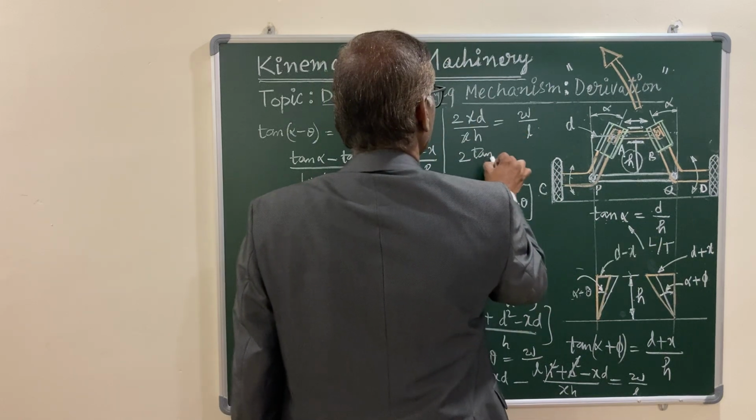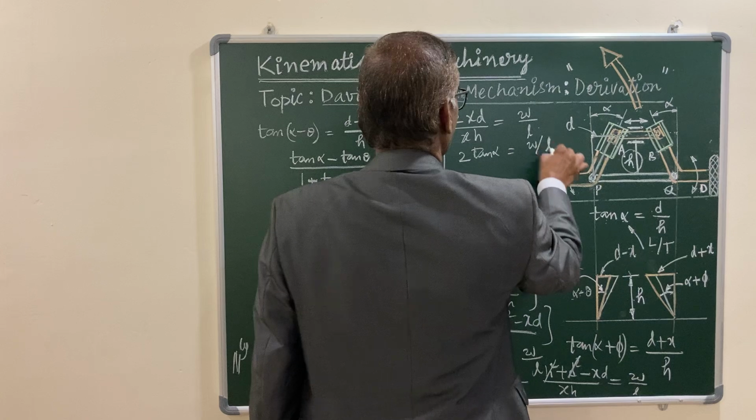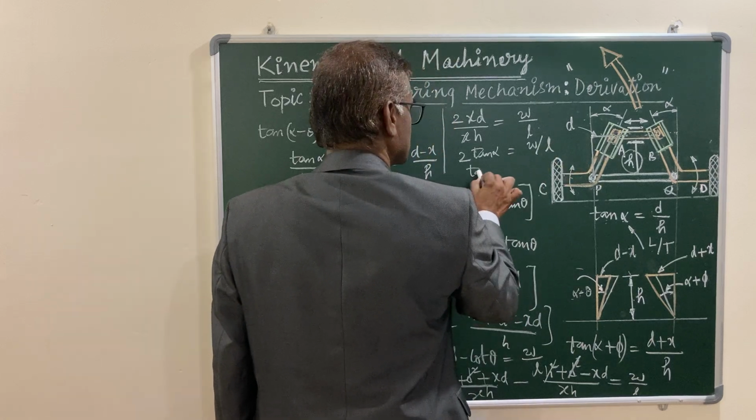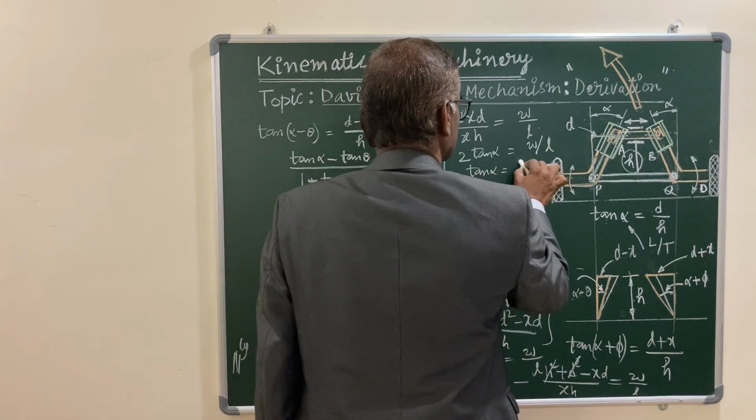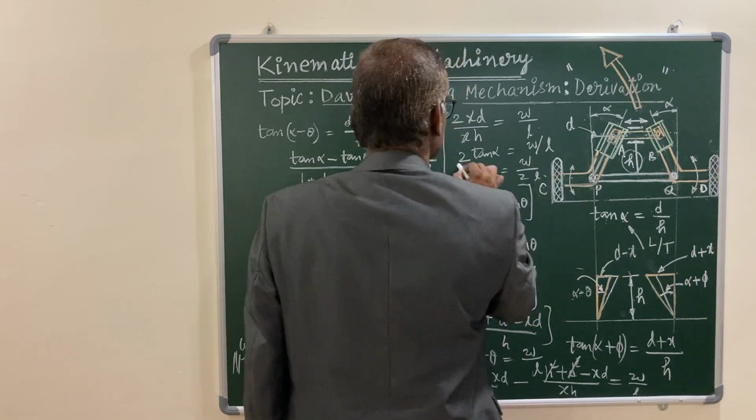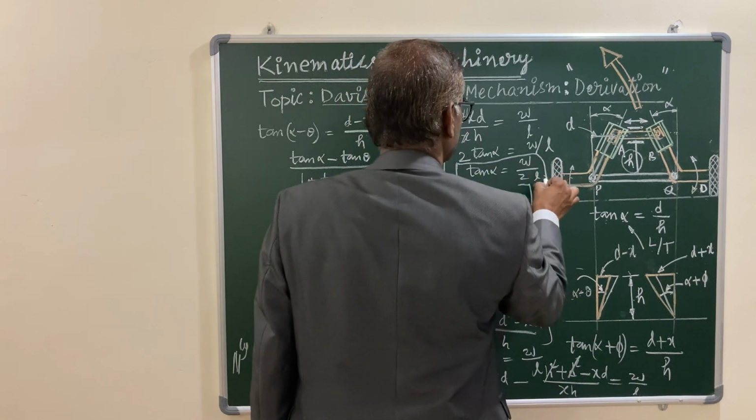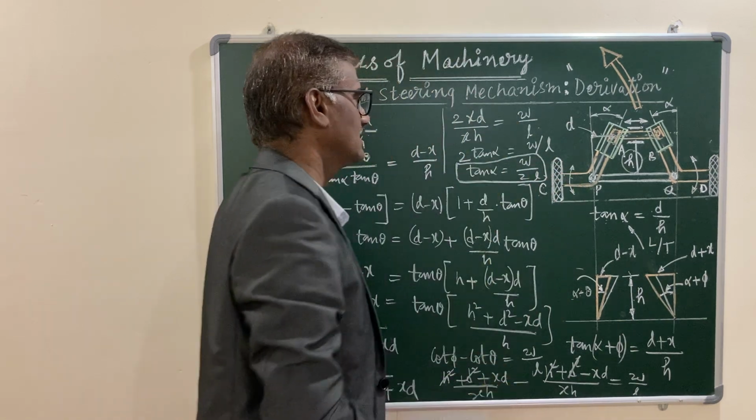So 2 tan alpha equals W by L, and finally your required expression is tan alpha equals W by 2L. So this is the required derivation for alpha.